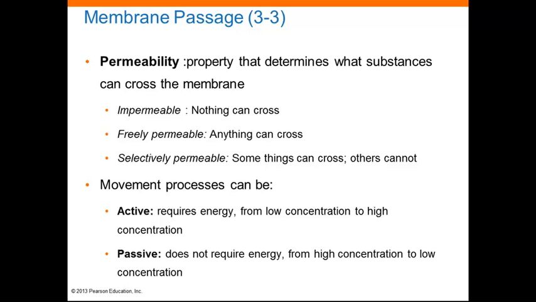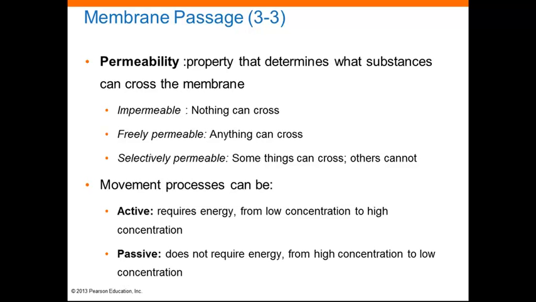And these movement processes can be either passive or active. Now, I'm going to start with passive movement processes first. Passive movement processes use kinetic energy and typically are going to proceed to equilibrium. Whereas active processes, on the other hand, typically require cellular energy to be spent.